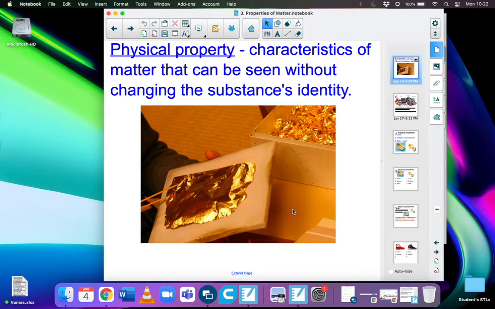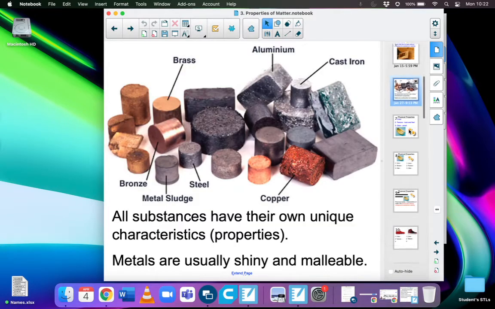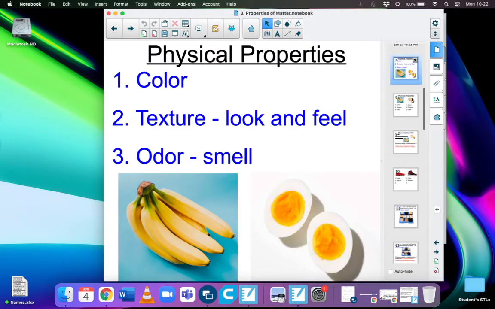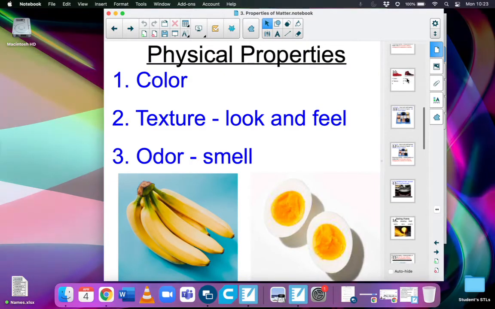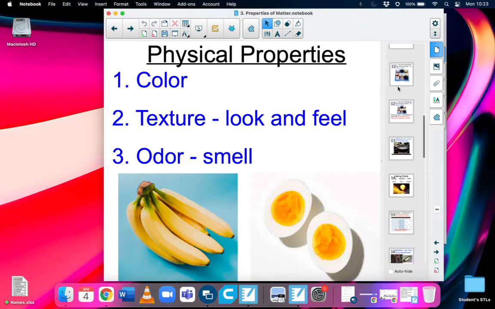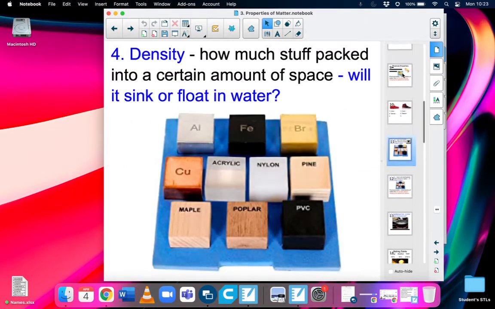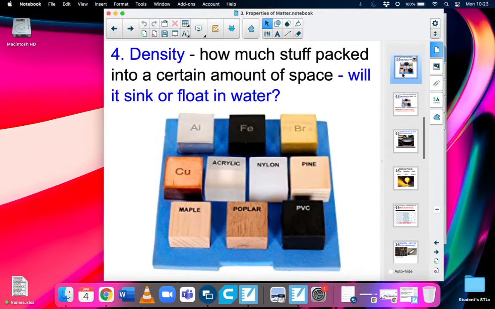If you have a bar of gold, or even if you smash that bar of gold over and over again and turn it into a super thin gold leaf, it's still gold. If you zoom in, it's still going to be made of gold atoms. We know that because it's a physical property. We did not have to change the identity of the substance to make that observation.